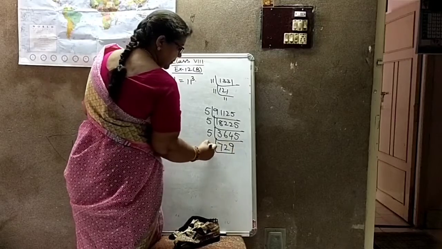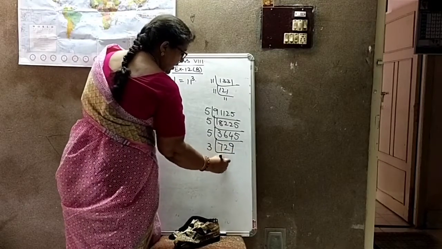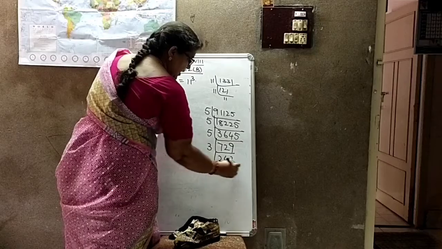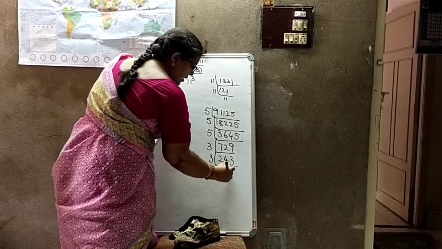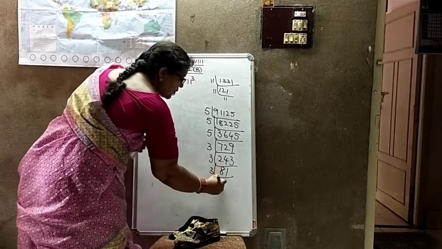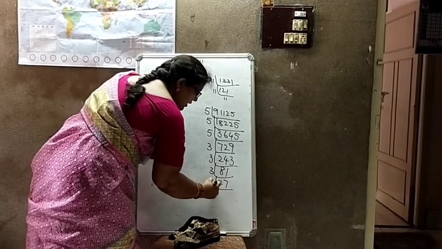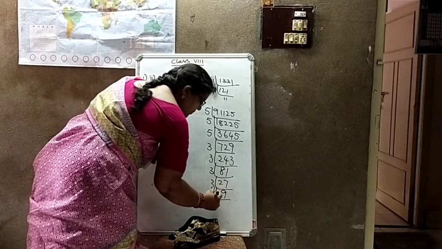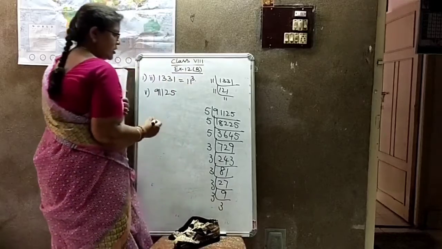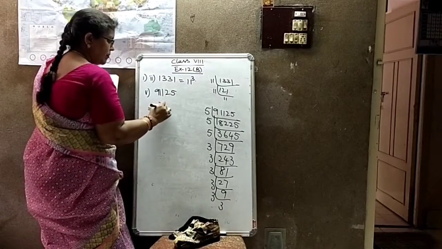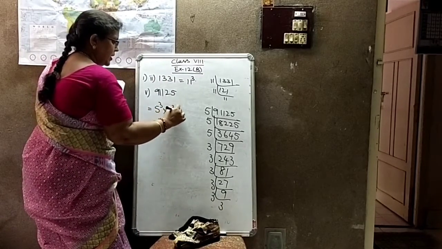Now the 3 table: 3 times 3 is 9, 3 times, and 3 times; again 3 into 3 is 9, again 3 into 3, and 3 times. It is equal to 5 cube into 3 cube into 3 cube.